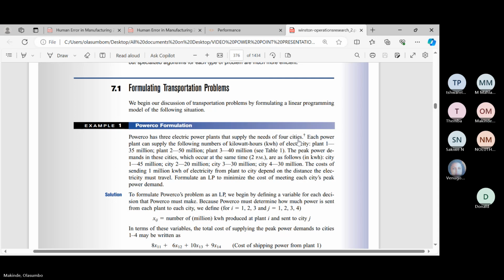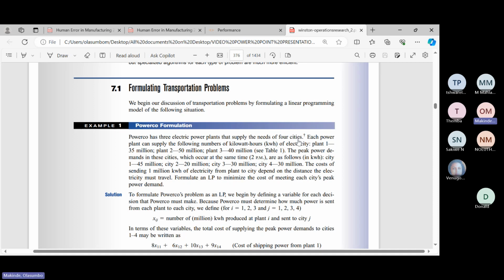Plant 1 can supply 35 million kilowatt hours of electricity. Don't forget, each plant has a capacity in terms of the amount of electricity that they can generate. So the supply capacity of plant 1 is 35 million, meaning that when plant 1 starts supplying these 4 cities, it cannot supply beyond what it has. It can only supply what it has.